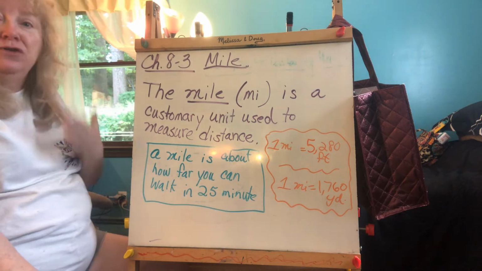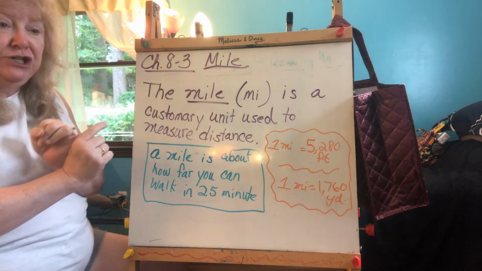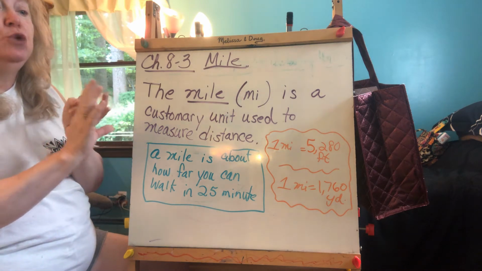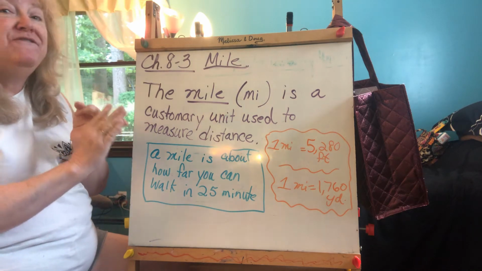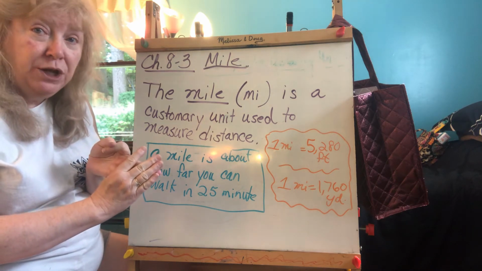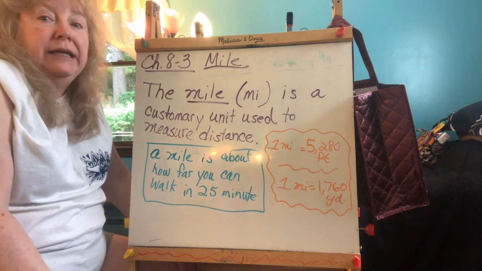Well, those are all for measuring distances. So we have inches are the smallest unit, 12 inches together make a foot, 3 feet together make 1 yard. Well, what if you had to measure something that was really far?